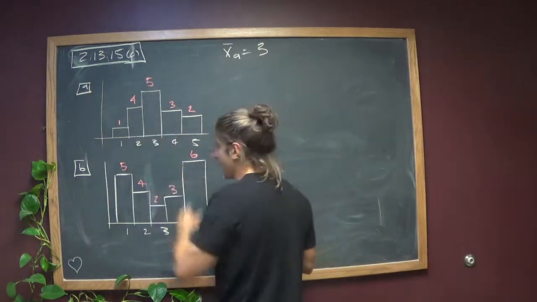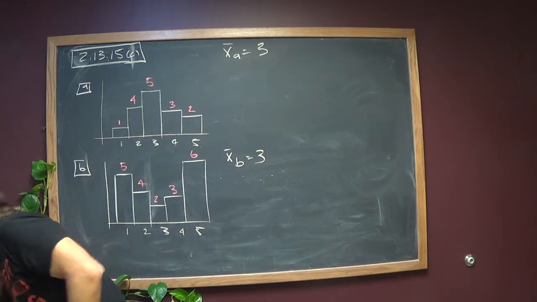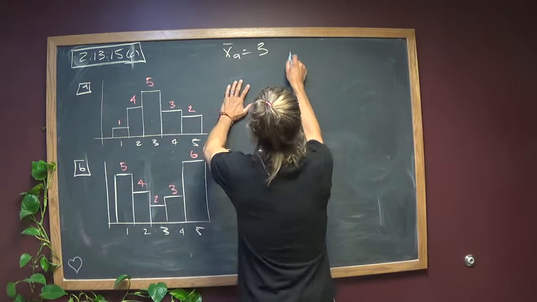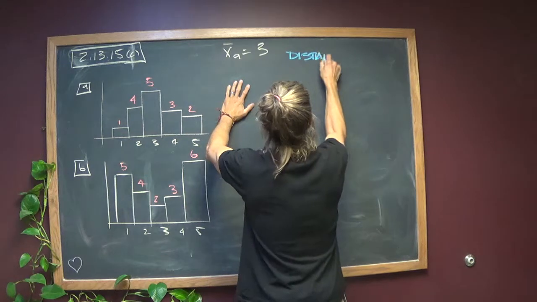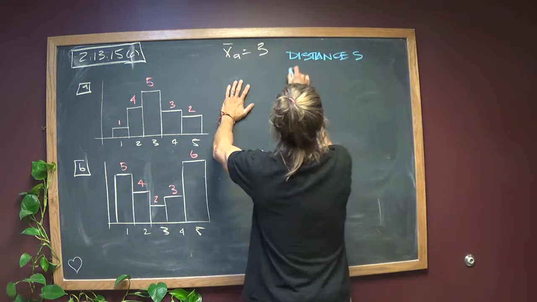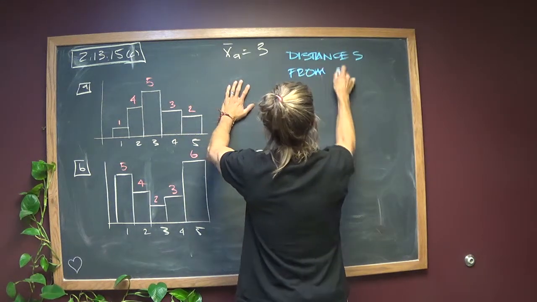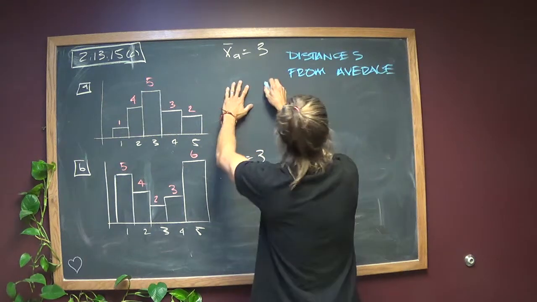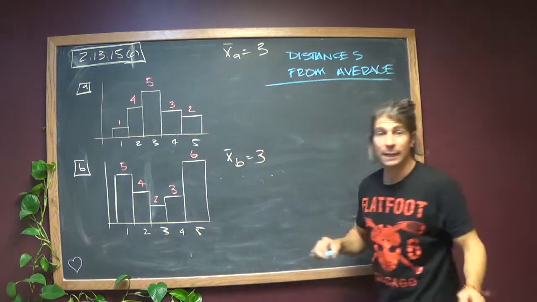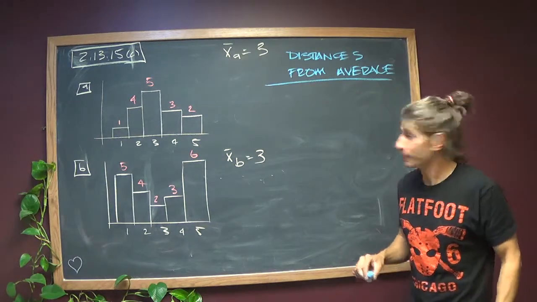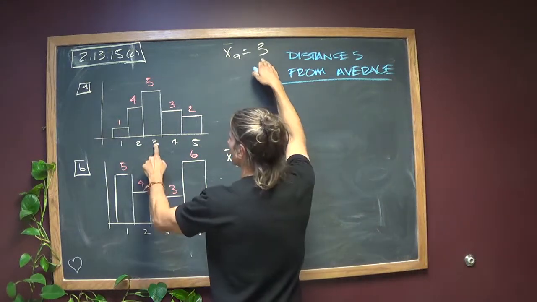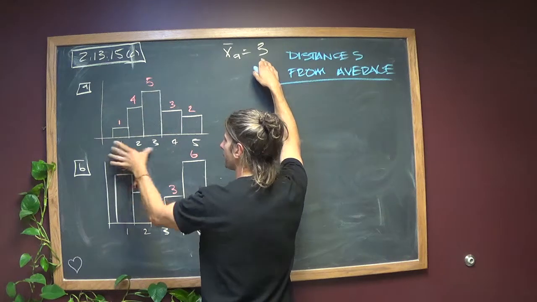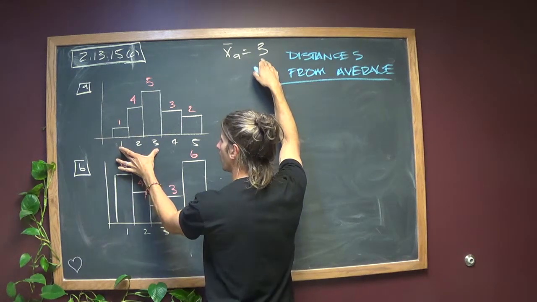Let's look at data set A first, okay? And let's make a list of all of the distances from average that these data points in data set A occupy. Well, if the average is 3, there is one data point that is 2 units away.